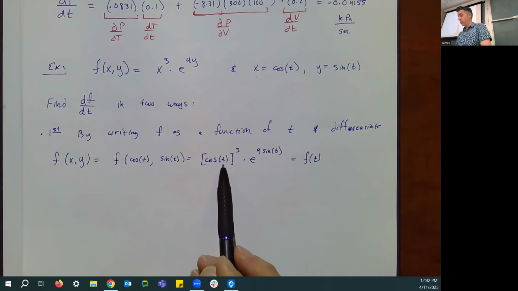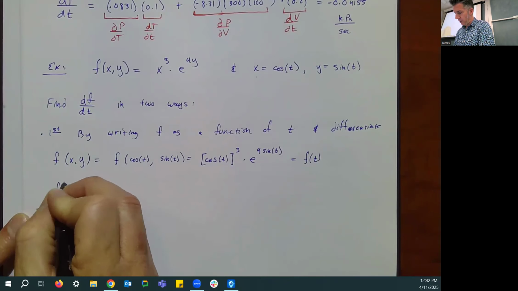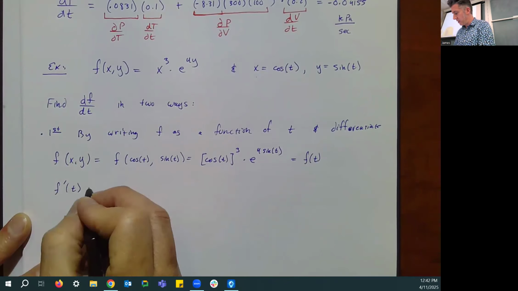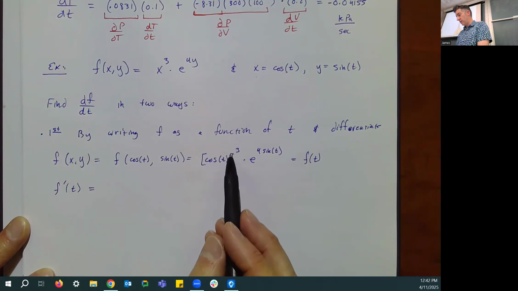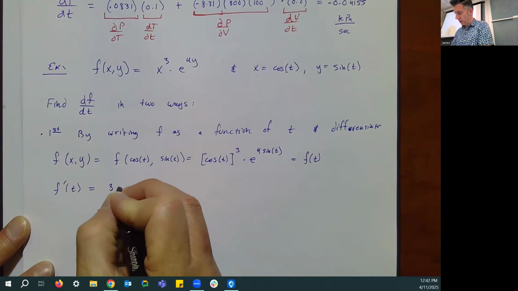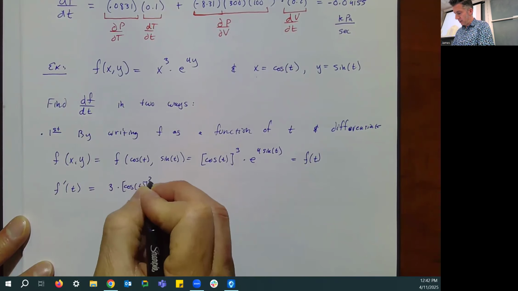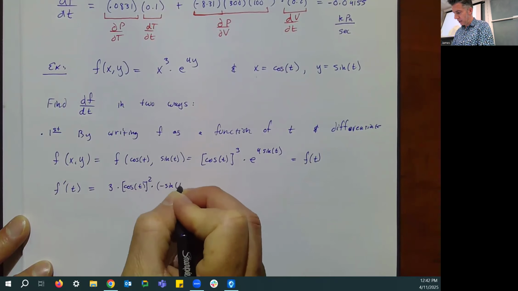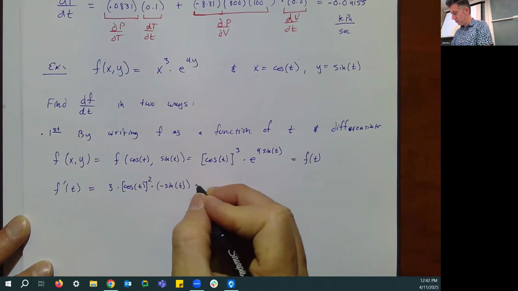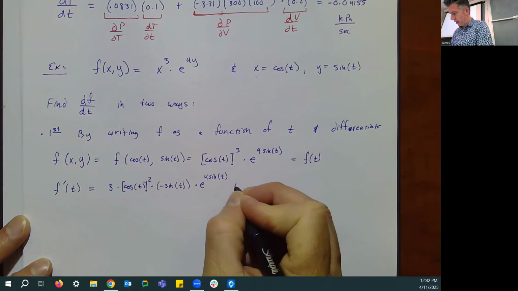So we have a function of t here times a function of t there. All right, so let's see. So f prime of t, or df dt if you prefer. The derivative of the first part, so the derivative of cosine of t cubed is going to be 3 times cosine of t squared times the derivative of the inside function, which is negative sine of t, and then times the other stuff left alone, e to the 4 sine of t, plus, then we switch it up.